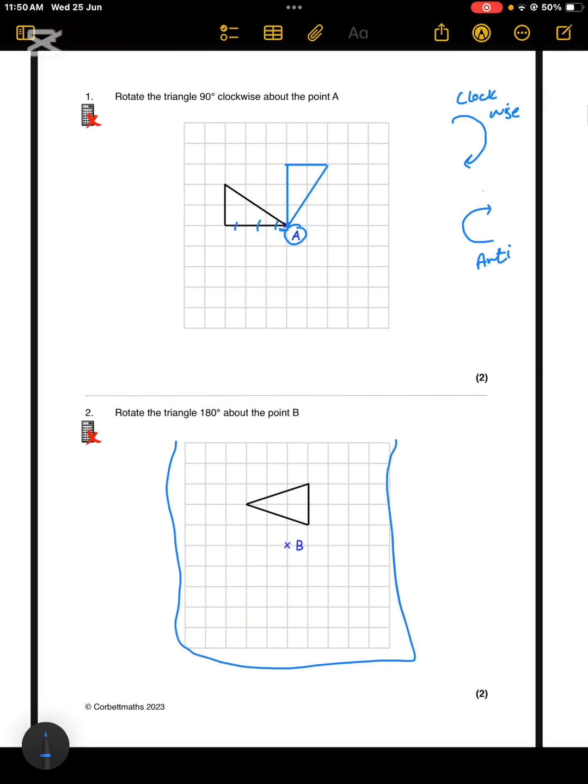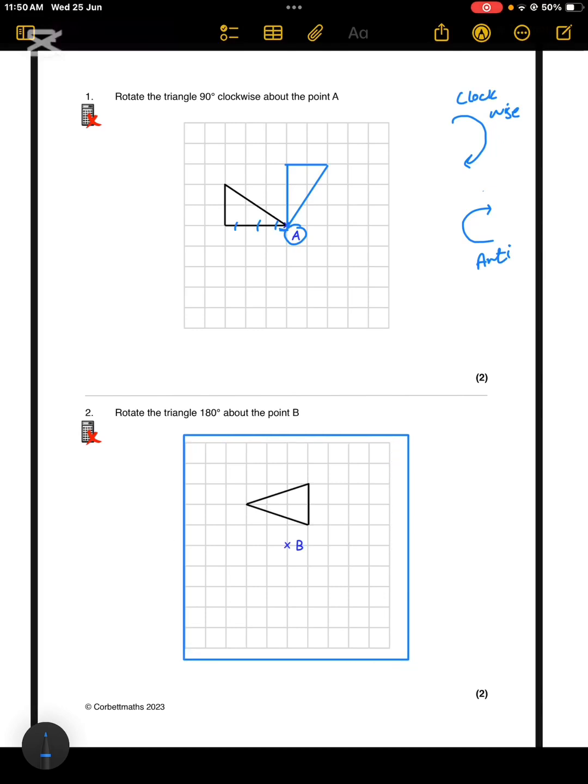We have to trace this triangle, and then after tracing, put a pencil on this point and then rotate the tracing paper 180 degrees. When you rotate it, the place where the object lands will be the 180-degree position about the point B. So this question can also be done like this.